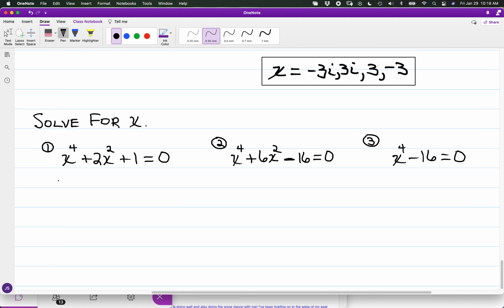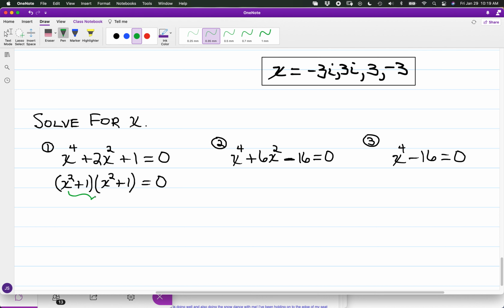If you factor, we're going to have x squared plus 1 times itself. So here we're going to have what will be referred to as a repeating quadratic factor, or repeating second order factor. So you have x squared plus 1 times itself.